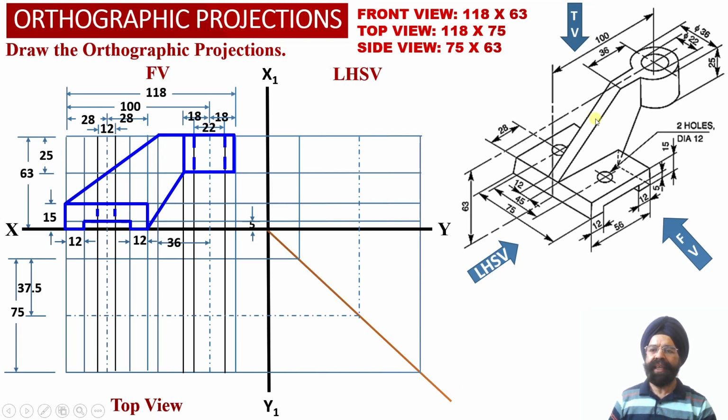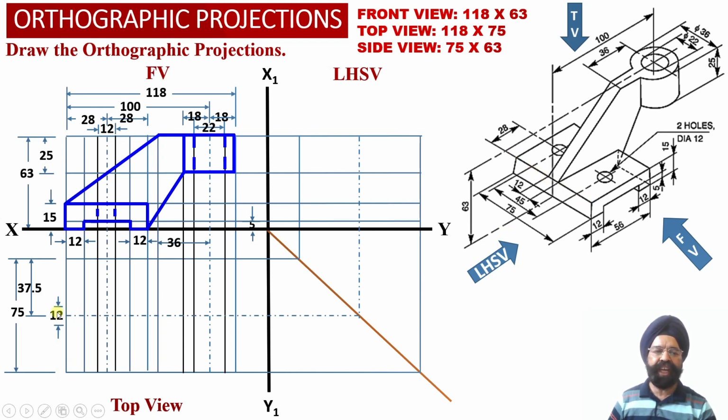Now we know that the depth of this vertical inclined web is equal to 12 millimeter. So we have to take an offset of 6 millimeter towards the rear side of the solid and 6 millimeter towards the front side of the solid, so that this depth of the web, which is symmetrically aligned alongside the center point of the solid, can be located.